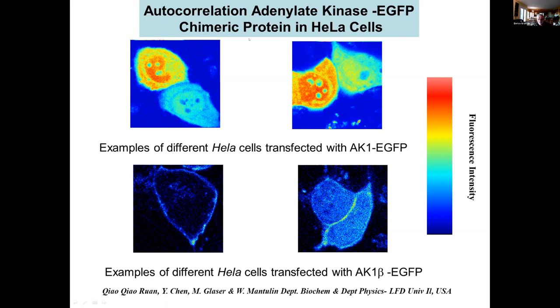Now, instead of adenylate kinase, we have adenylate kinase 1, which has a peptide added to the structure in such a way that the molecule goes preferentially to the membrane and very little in other places. You can see that this HeLa cell transfected with adenylate kinase 1 beta and GFP goes preferentially to the membrane of the cell.